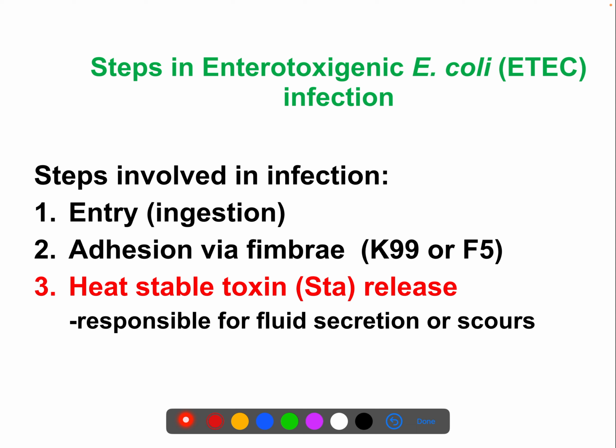Steps in infection. After ingestion, ETEC reaches the small intestine and attaches using K99 or F5 fimbriae. These fimbriae allow the bacteria to remain on the epithelial surface. Once attached, ETEC releases heat-stable enterotoxin, abbreviated as STa.